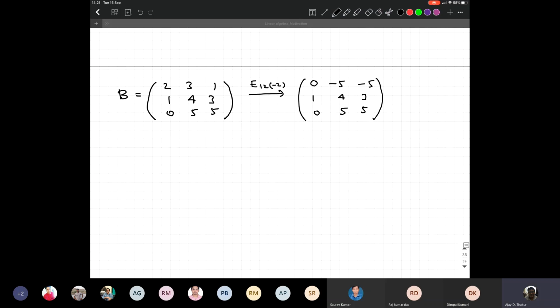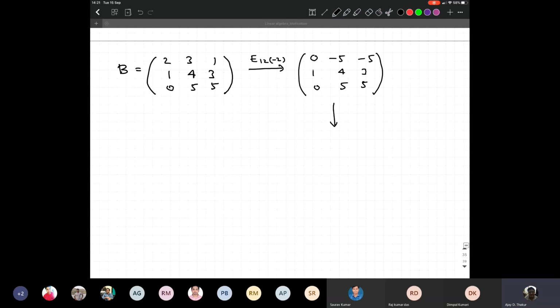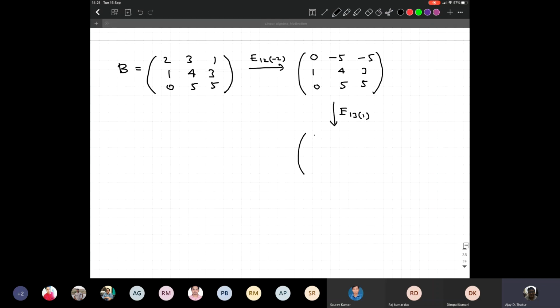Fine. What I do is I apply E131. So what I'm doing is adding the third column, multiplying it by 1 and adding it to the first column. So that would straight away lead me to 0 0 0 1 4 3 0 5 5.